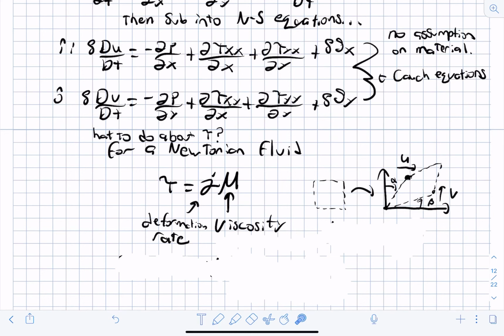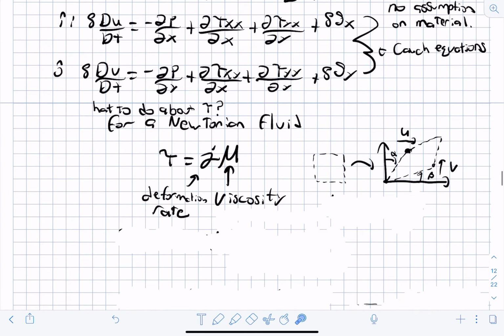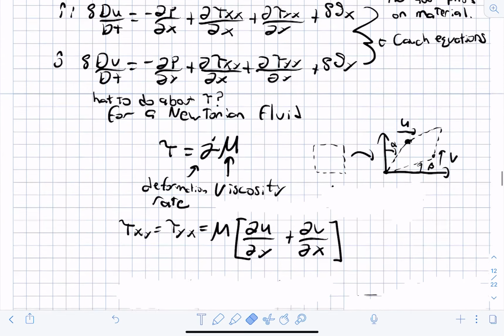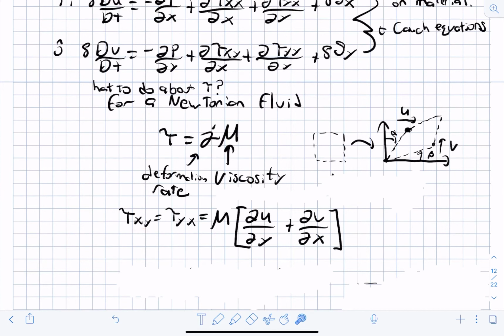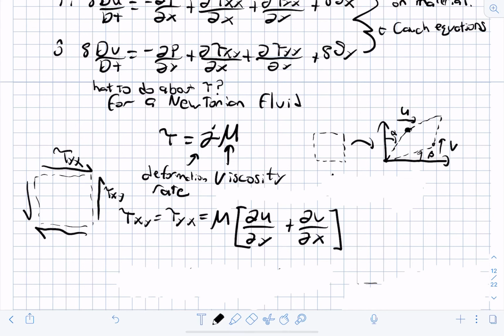Okay, and we argued a simplified version of it, and I'm going to write what the actual stress is in 2 dimensions. So in 2 dimensions, the shear stress on the 2-dimensional element, tau xy and tau yx, are equal to mu times the quantity partial u partial y plus partial v partial x.